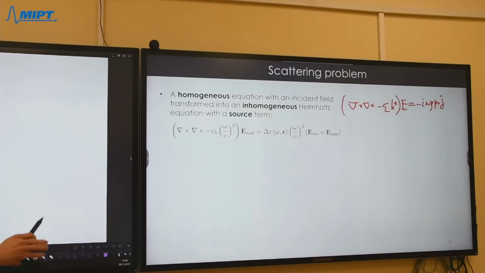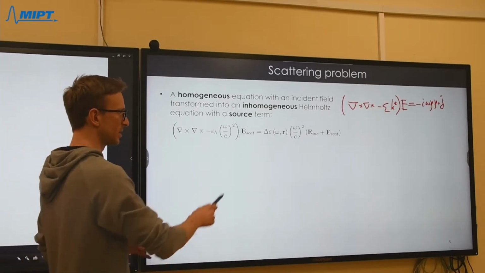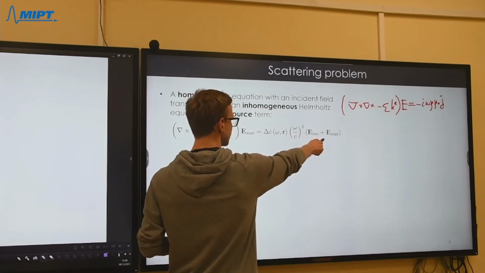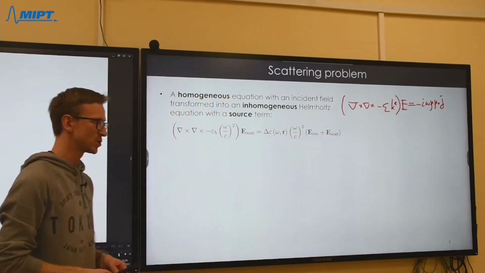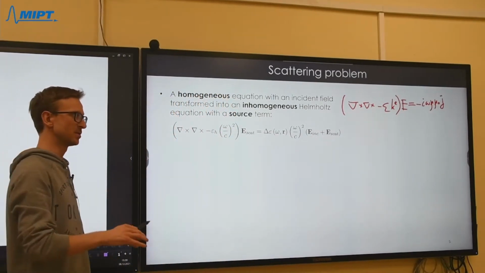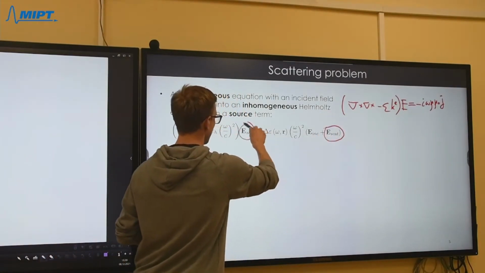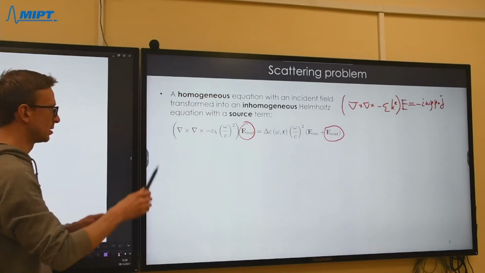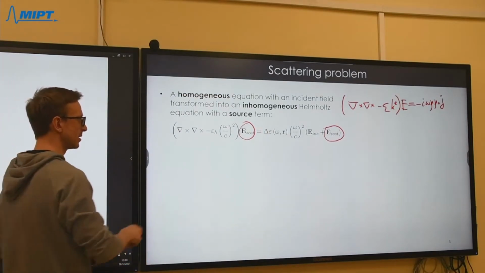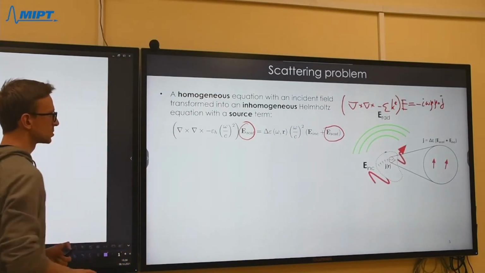And this current density itself depends on the scattered field. So we arrived at a formal equation that couples the scattered fields on the left and on the right-hand side.